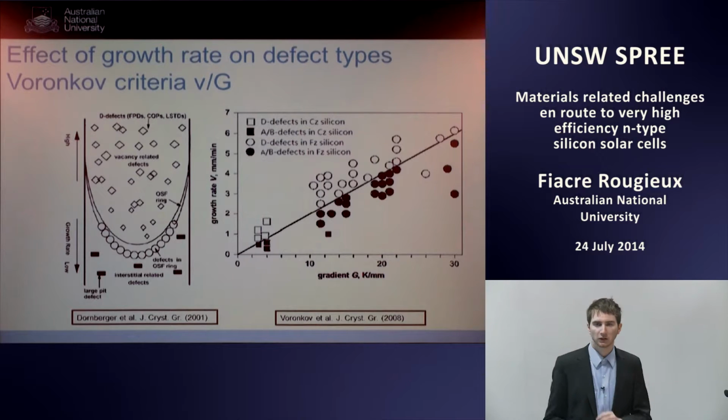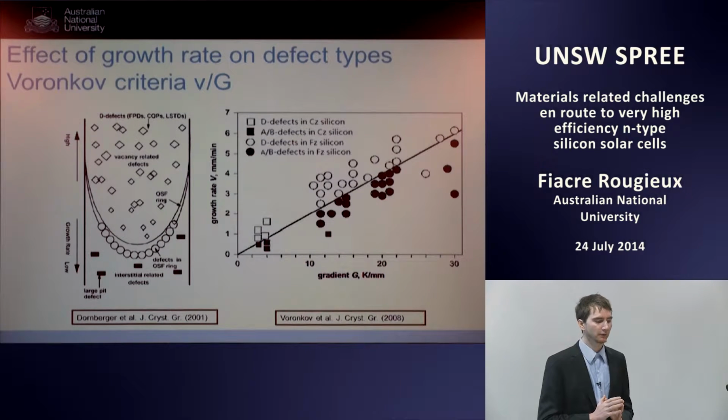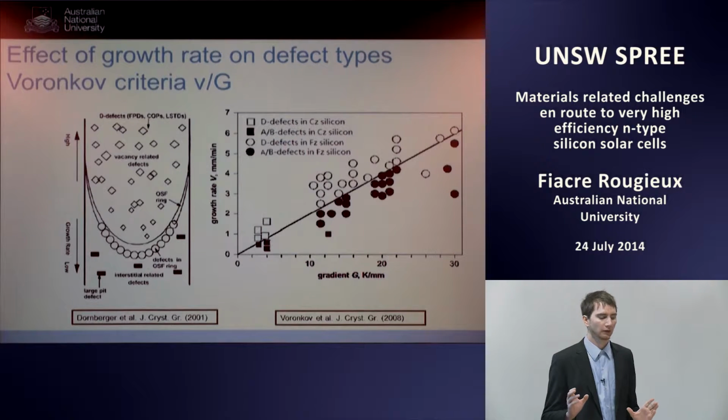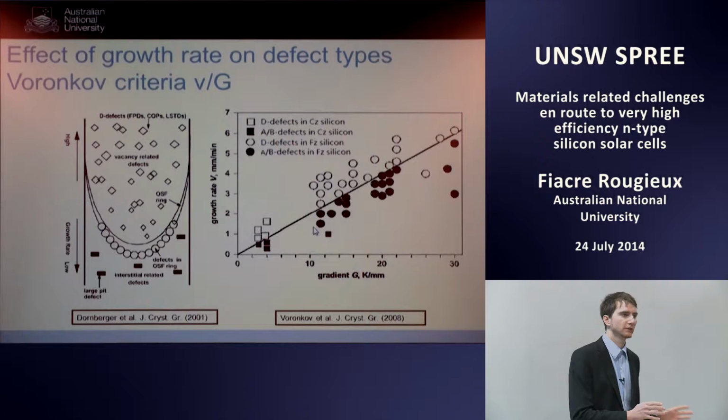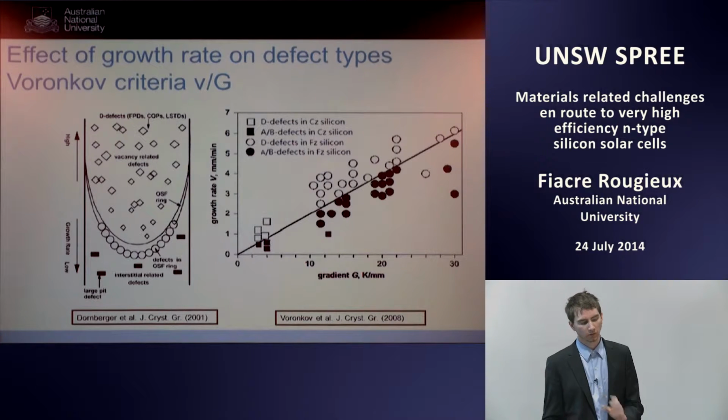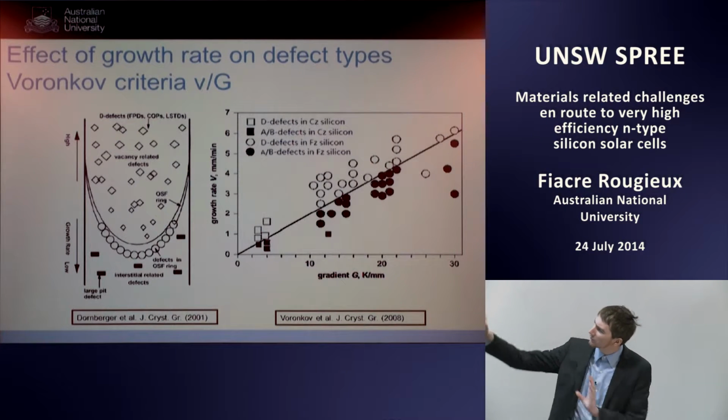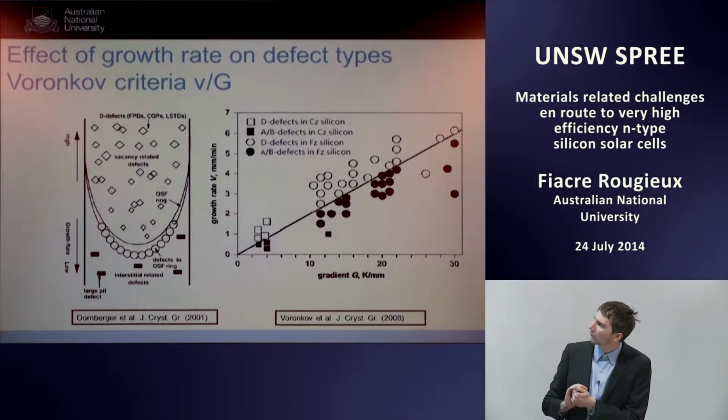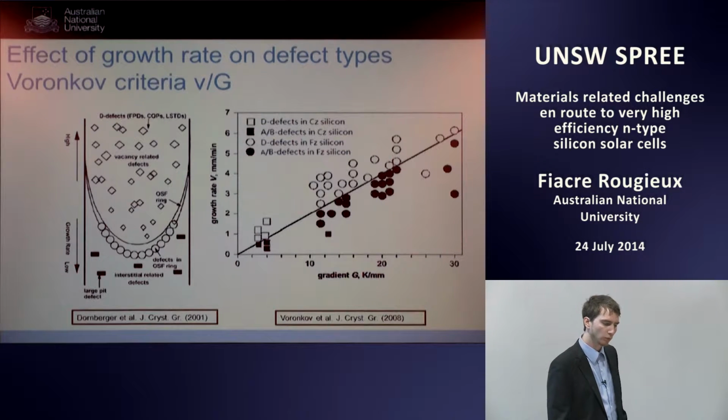This is the V over G criterion, the ratio of the growth rate to the axial thermal gradient, and that determines whether we're in a vacancy rich mode or in a silicon interstitial rich mode. You can see it on this graph on the right here. In this graph, you have the growth rate here, and you have the axial thermal gradient on the x-axis.